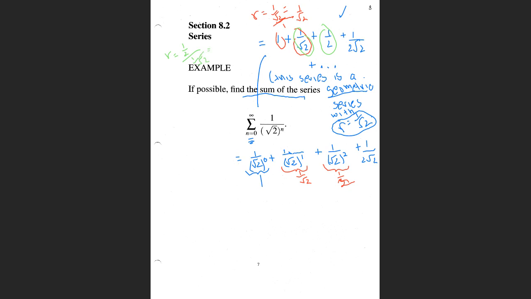That's just 1/2 times root 2 over 1, which is 1 over root 2. So it's a common ratio. Any term of the series, if you divide by the term previous to it, the ratio will be 1 over root 2.